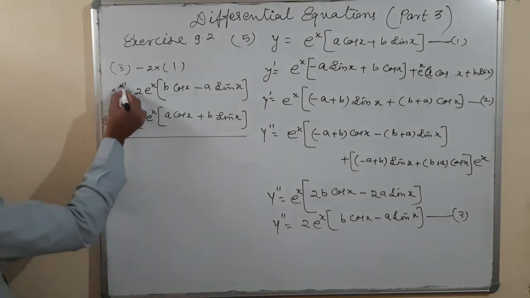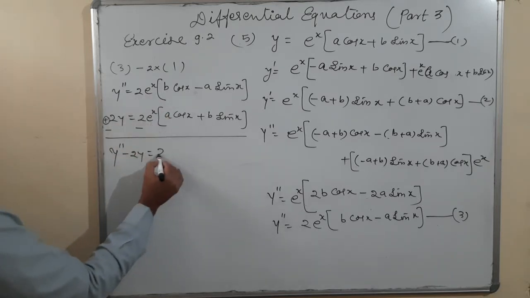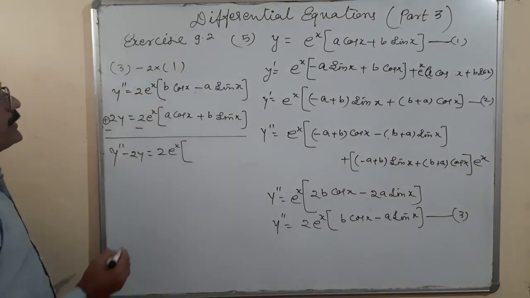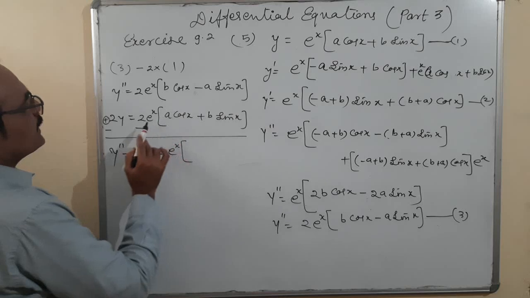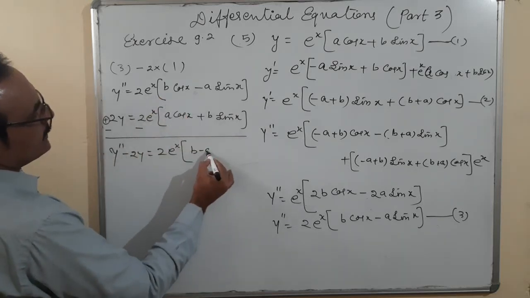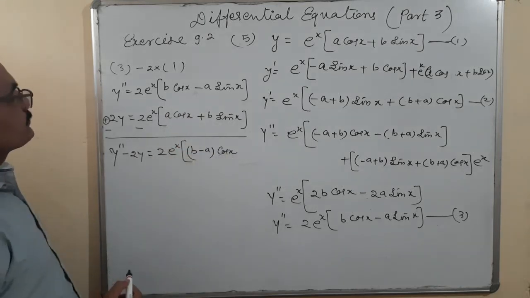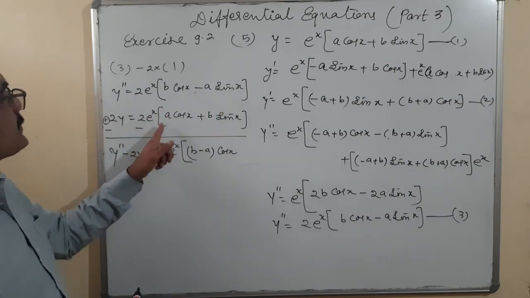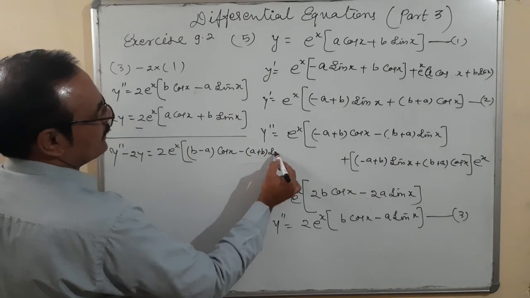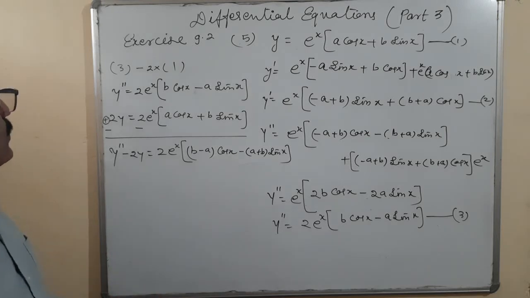Y dash dash minus 2y is equal to, when I take 2 e to the power x common, what is left here? b cos x minus a sin x minus a cos x. So it is coming b minus a cos x, and minus a sin x minus b sin x. I'll take minus sign common, so it is a plus b sin x. Is it okay?